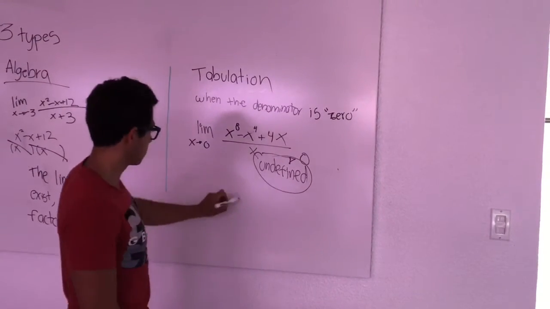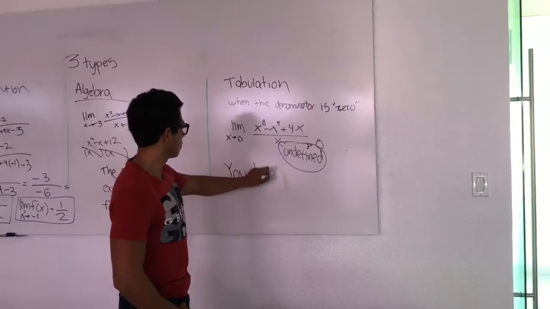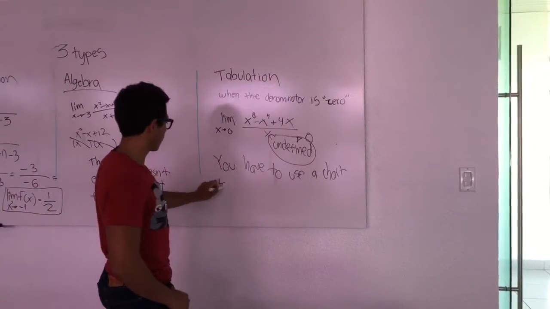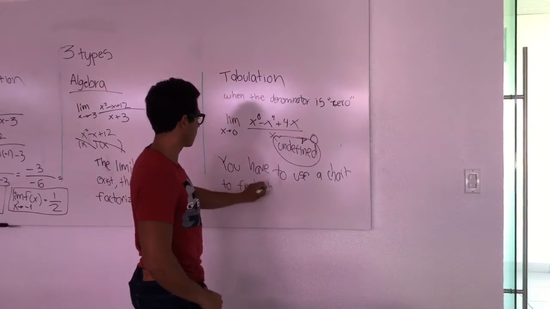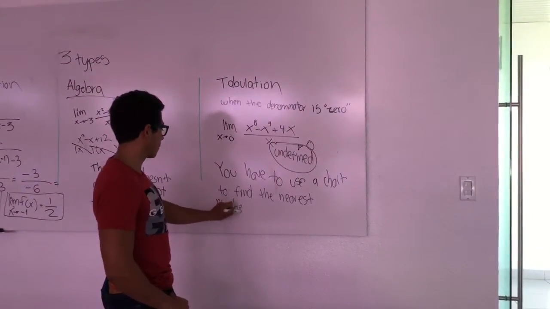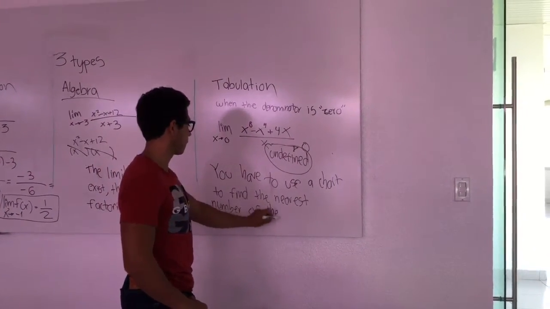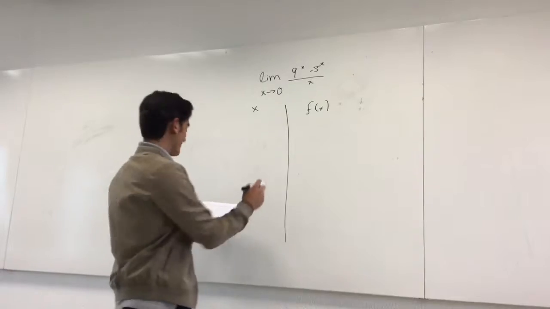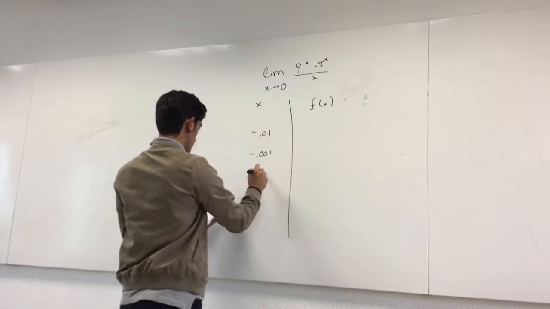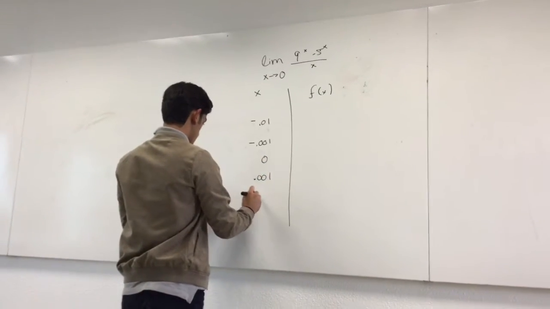So in this equation, we know that it's undefined and we can factorize. We use a chart, a table, to find the nearest value of the limit. Well, we have an example here. It's the limit of an equation when x approaches 0.